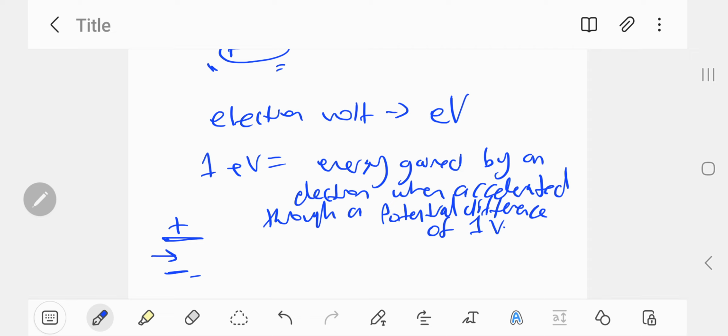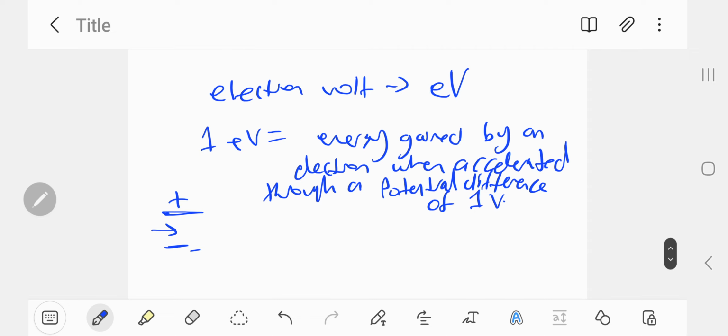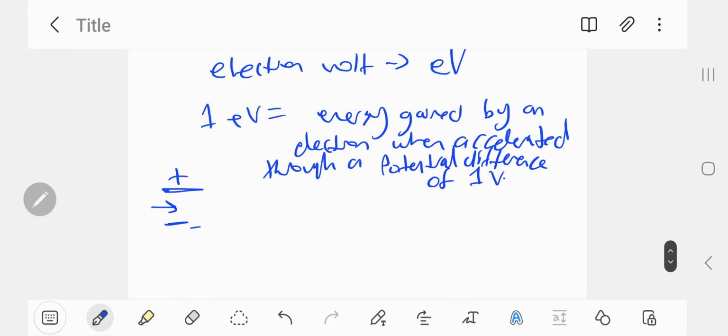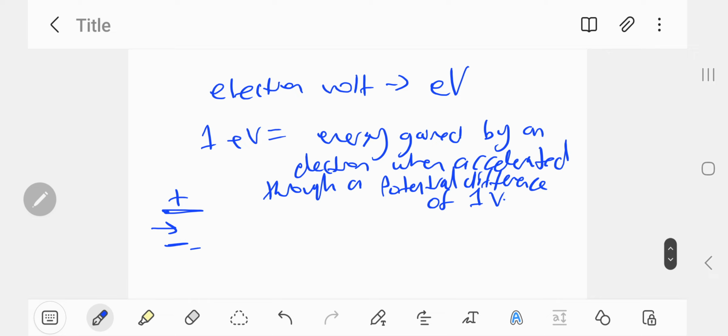It gains energy, because there's work being done on the electron by the electric field as it moves through the potential difference. Planck's work eventually led to a completely new realm of physics called quantum physics, quantum mechanics, and it really revolutionized our world. Our world became a lot more digitized, more technological, and it's all thanks to quantum physics.